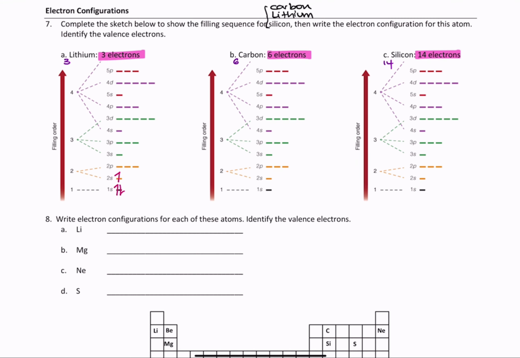Therefore, my electron configuration will be written as 1s2, 2 electrons in the 1s sublevel, 2s1, 1 electron in the 2s. So this one was for lithium.